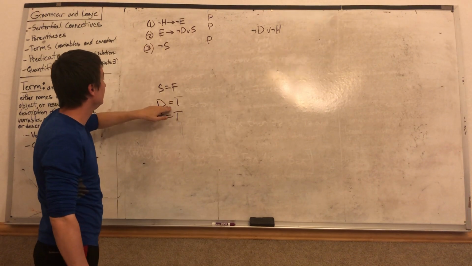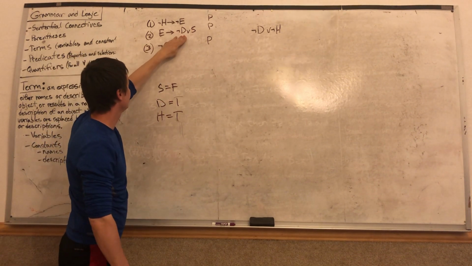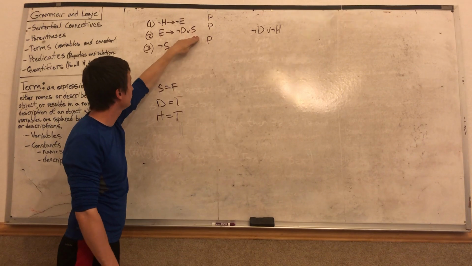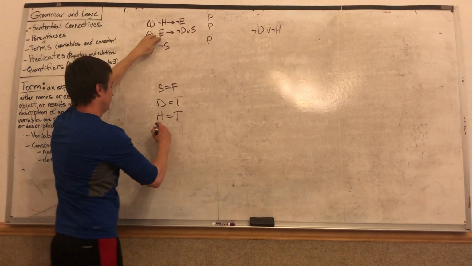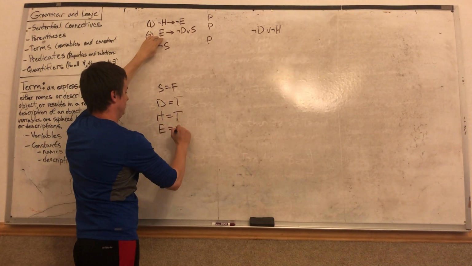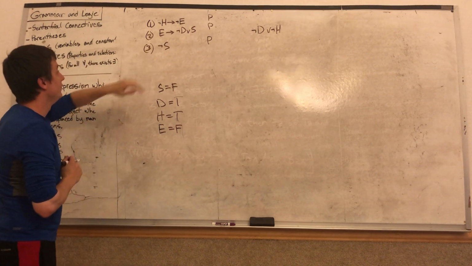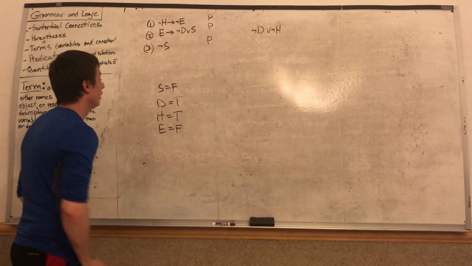We wanted D to be true, so not D is false. False or false is false, so we need E to be false. And now we need H to be false?